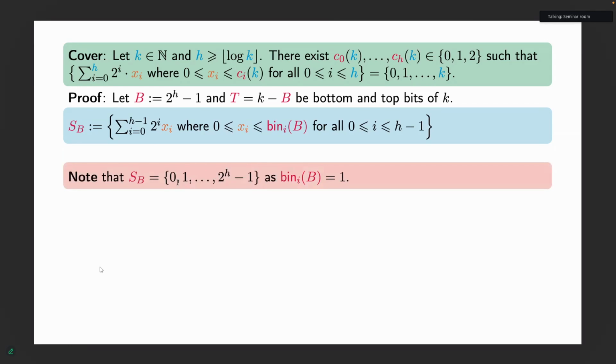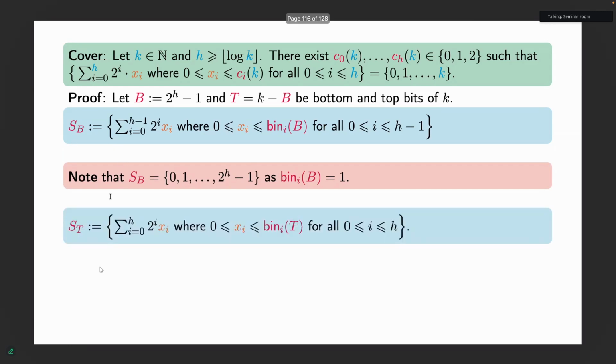So this answers our question when k is equal to 1, I will just put 0 ones here. And now I have this set S_T, and this will be the bits of the number t. So yeah, that's the set. And my c_i will be just the ith bit of B, and I add the ith bit of T. And this number is between 0 and 2 because this is the sum of 2 bits in the worst case.